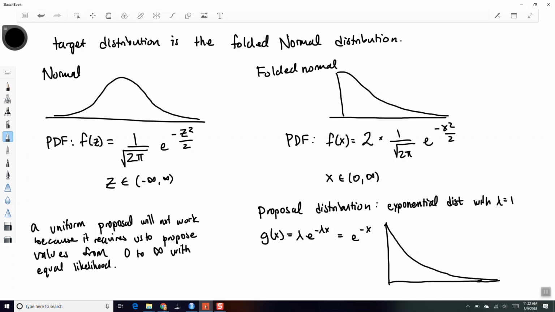And we get something that looks like this, g of x, and x has the same domain of 0 to infinity. So great. Okay, so this could work. And so what this will look like now: I've got this.